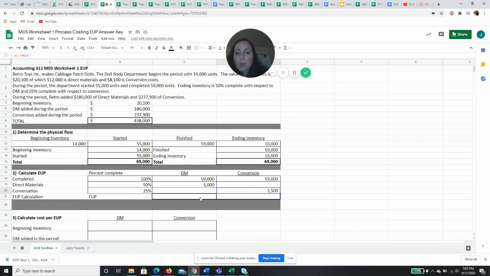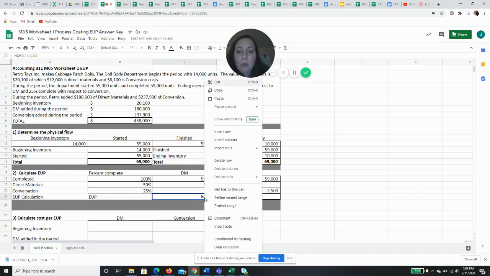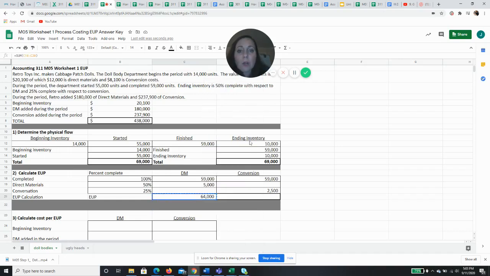Okay, so then we're going to add to get our total EUP for the period, because we're looking at total costs that were used to finish some stuff and only partially work on other stuff. Our total EUP for the period we're going to add the finished goods plus the ending inventory. And our EUP with respect to direct materials is 64,000. That's how many we could have made.